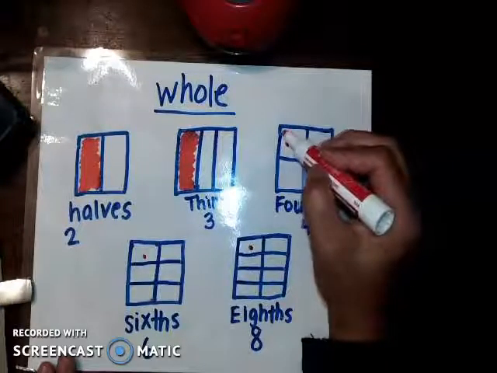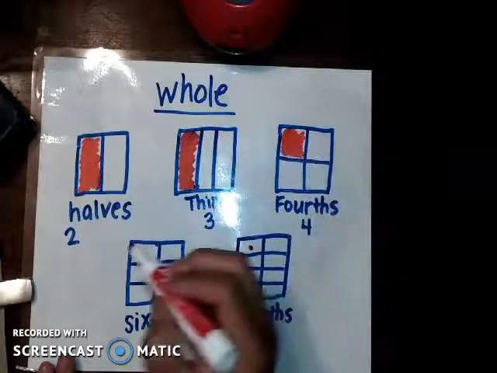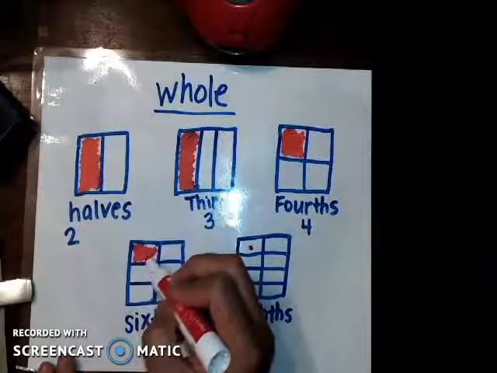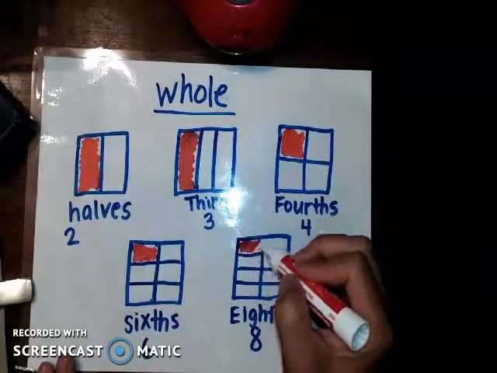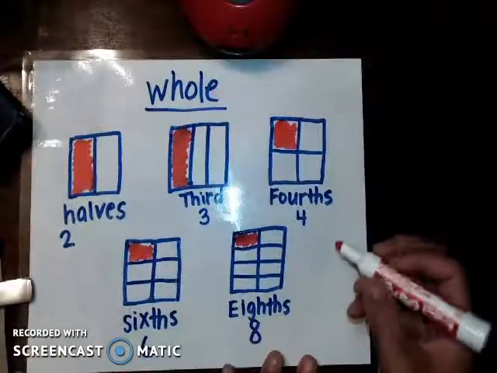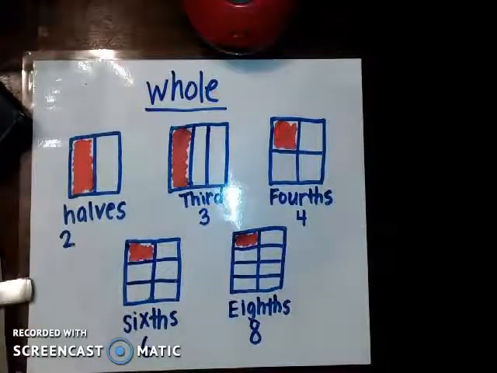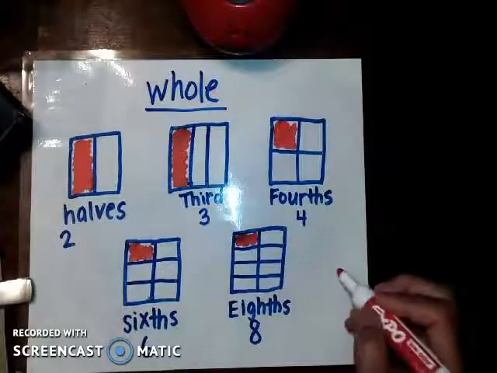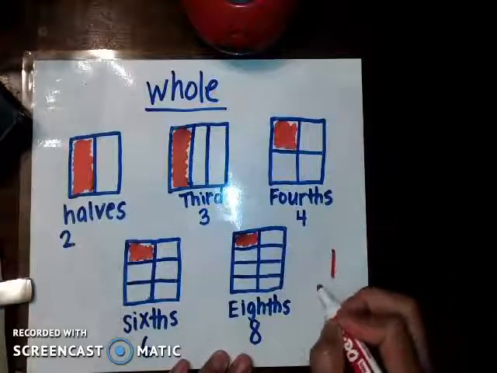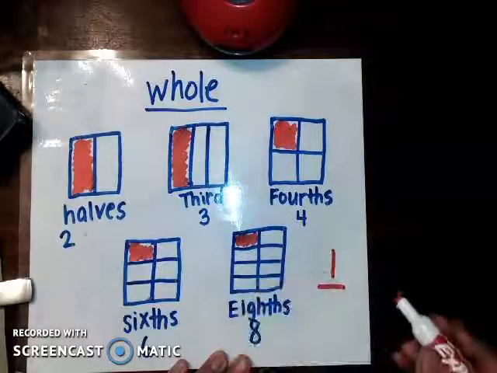Welcome back, you guys. So I'm thinking you probably did something like this, didn't you? There you go. And that is what we call one part. And when we write that fraction, it looks just like this. Ready? It looks like 1 over whatever part you are talking about.